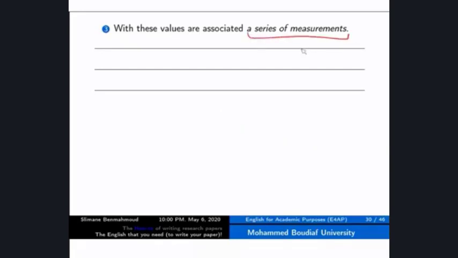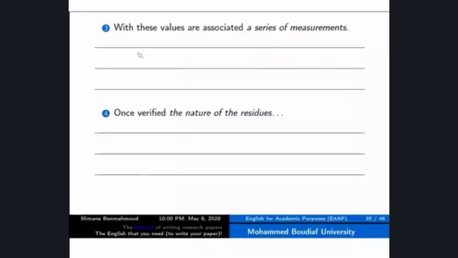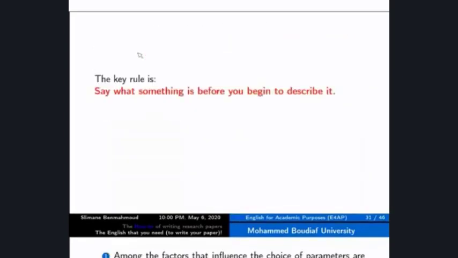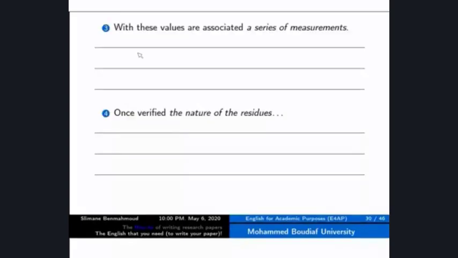We say a series of measurements are associated with these values. Okay. Once verified the nature of the residues, we say once the nature of the residues was verified.